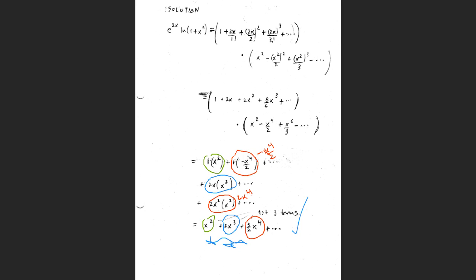Hold on here. There was a question. Susanna says, how did I get 3/2? Are you in agreement that this here is negative 1x to the fourth over 2? And then 2x squared times x squared is 2x to the fourth.